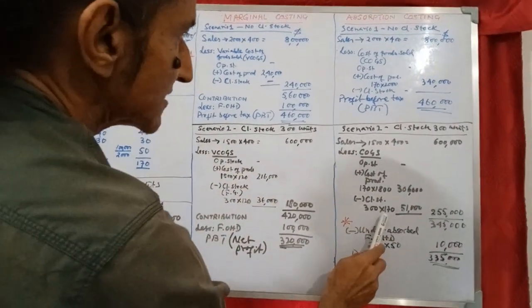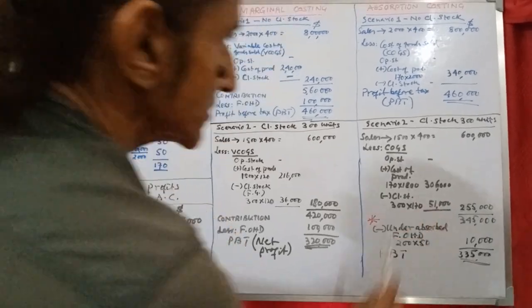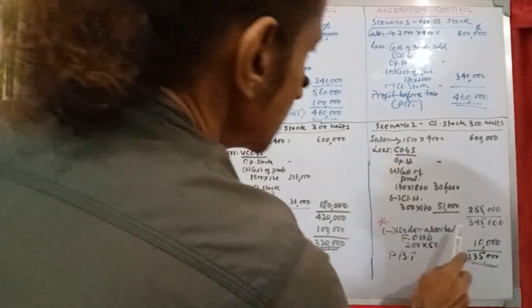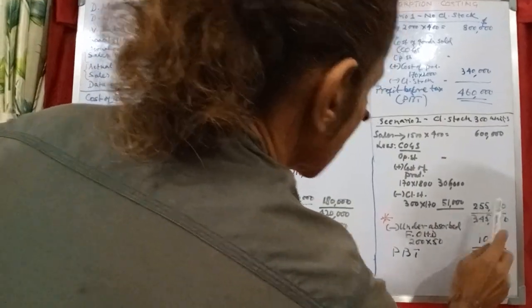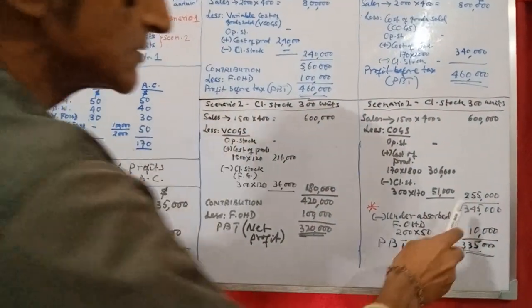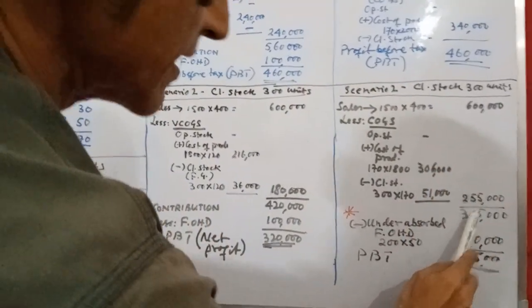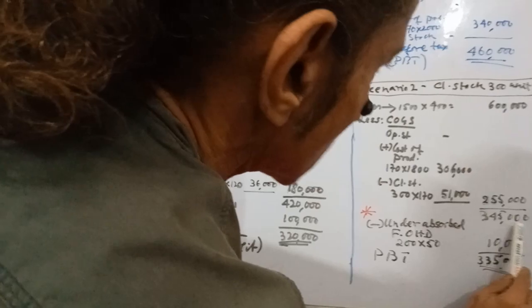So 300 into 170, we get 51,000. So the cost of goods sold becomes 255,000.